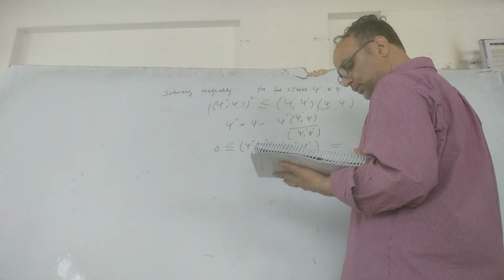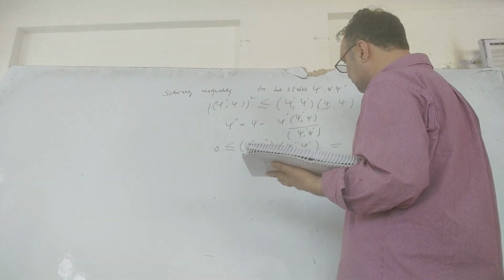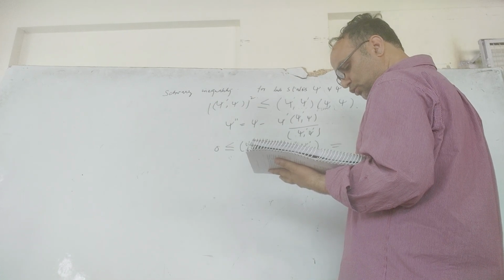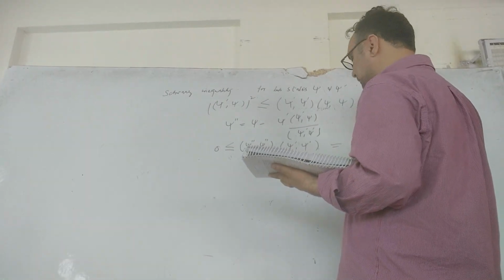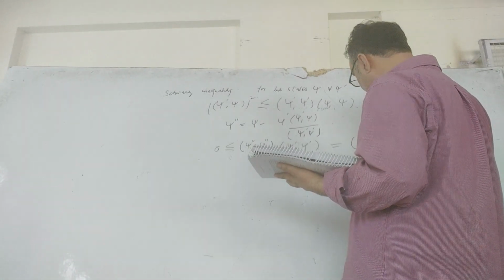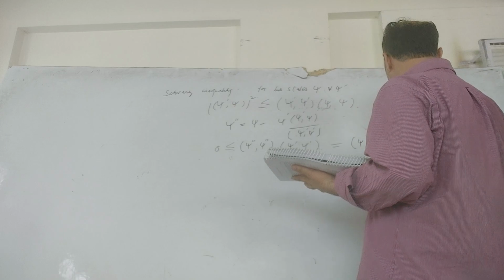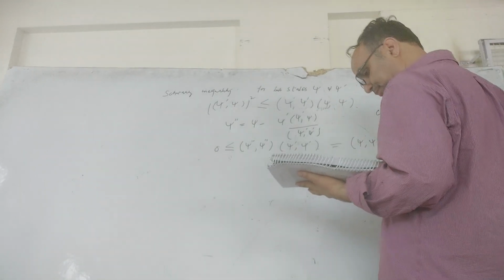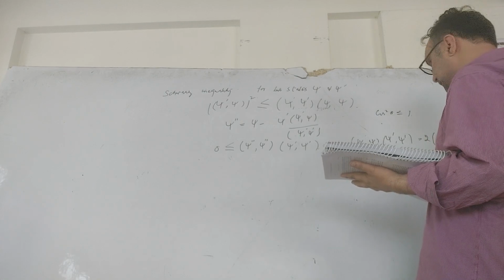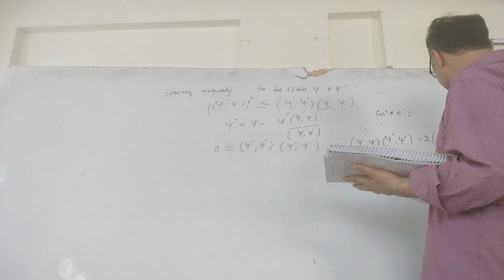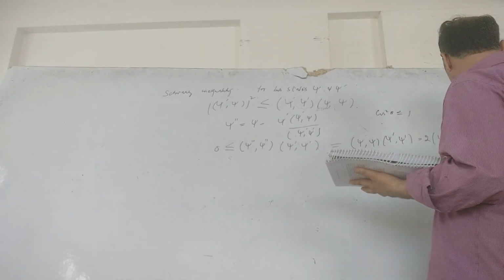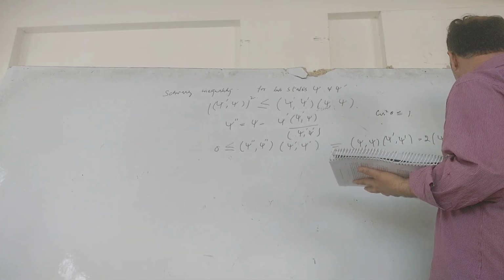So we are going to see it, 2 of them will cancel. So at the end you will have psi prime, psi prime minus twice psi prime, psi prime psi, and psi square, psi prime psi square.